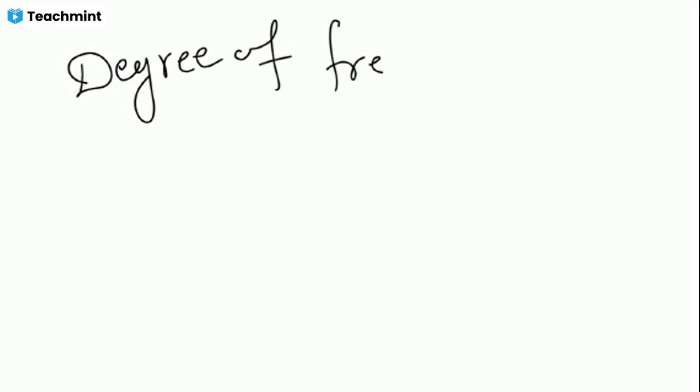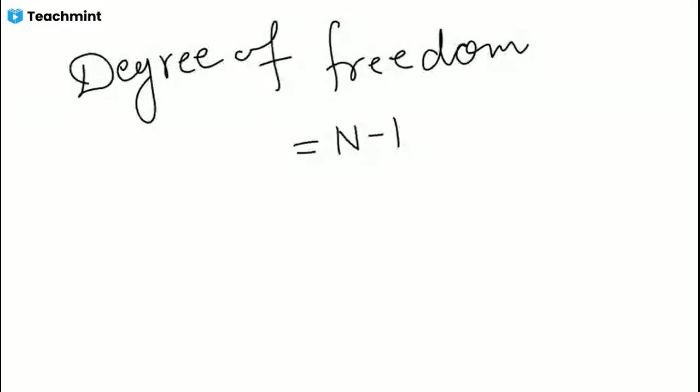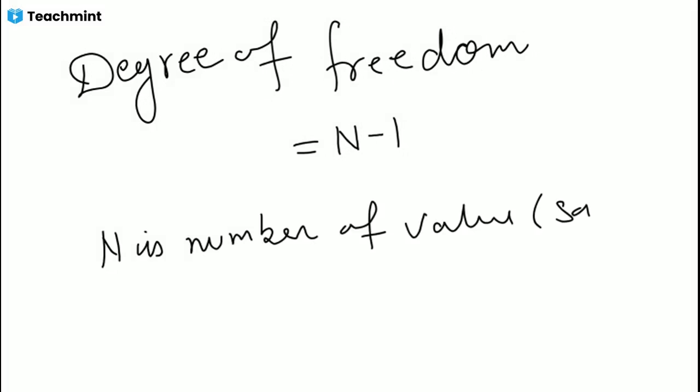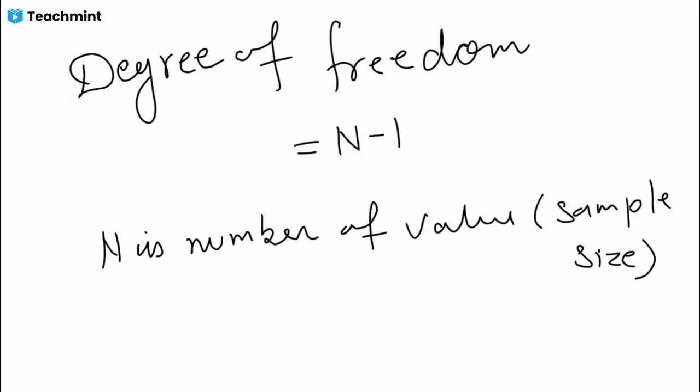So degree of freedom is just n minus 1, and n is the number of values, or they can say sample size, or the number of values in the data. Degree of freedom is n minus 1 just. Okay, this is the formula to find degree of freedom.